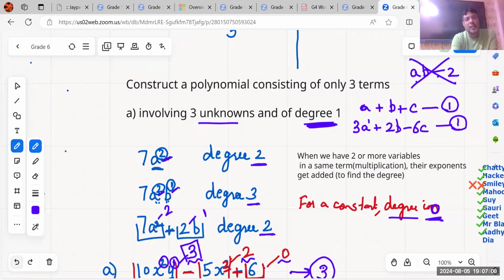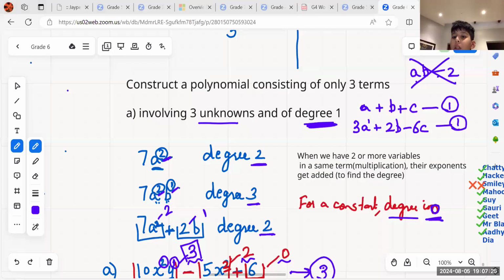Yes Gauri, what were you saying? I wanted to ask why two variables cannot be multiplied. Because then their powers will add up, and the degree will be 2. So sir, multiplication is not possible at all? If it's written 10xy, why can't it be multiplied?